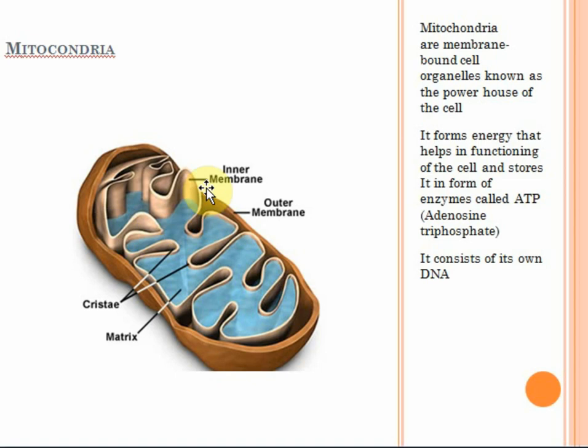So its main function is to form energy. And now you can see it has two membranes, the outer membrane and the inner membrane, and this zigzag part is known as the cristae, and its inside part is the matrix.